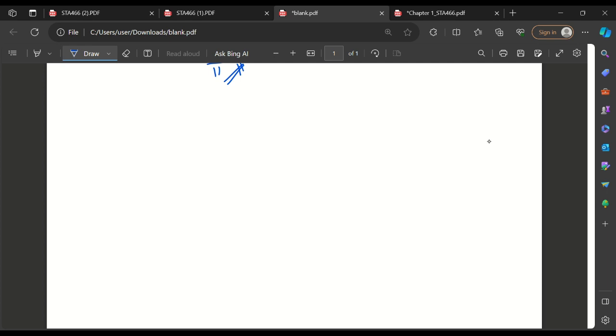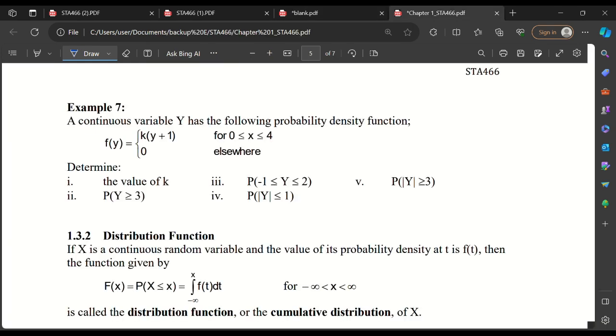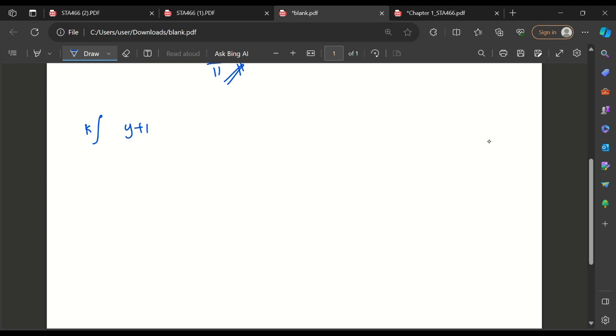So it will be the integration of k, I put k outside because k is a constant, from 0 to 4. Integrate with respect to y. Then equate with 1 because we want to find the value of k. Okay, so that is as usual. y square over 2. So this one also looks easy, right? Because the function is simple.